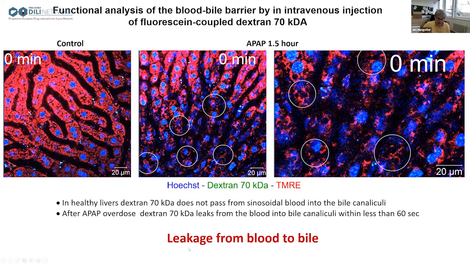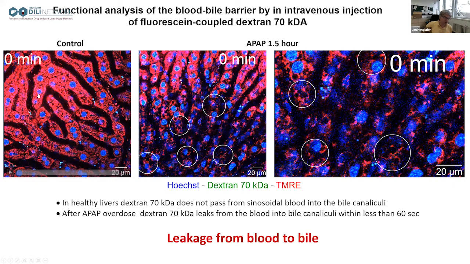The first technique is to study leakage from blood to bile. And for this purpose, we used a high molecular weight fluorophore-labeled dextran. So you will see this by green fluorescence. And we begin again with the control mouse. There you will see the intravenously injected dextran in the sinusoids. And please focus on the bile canaliculi.